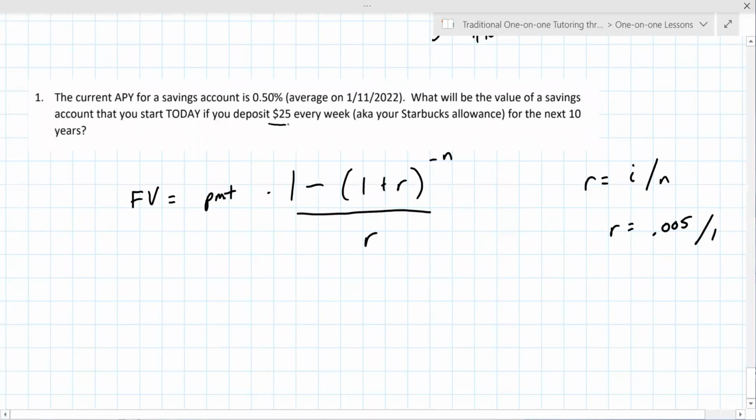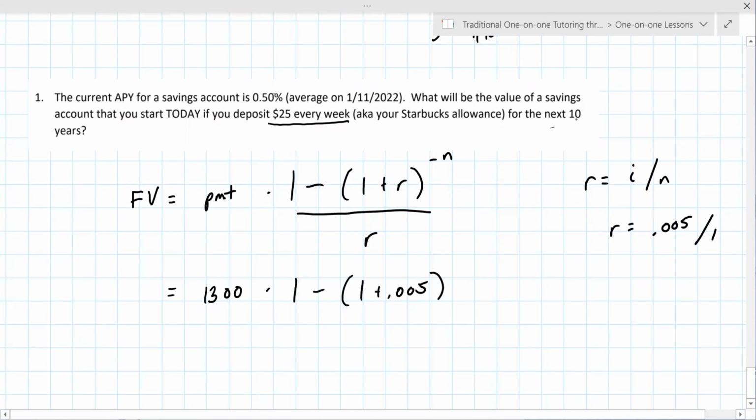So I think one of the ways we can make this simpler is $25 every week, 25 times 52. I'm not sure what that is. Let me get that. It's $1,300 a year. So it's $1,300 times 1 minus 1 plus 0.005.